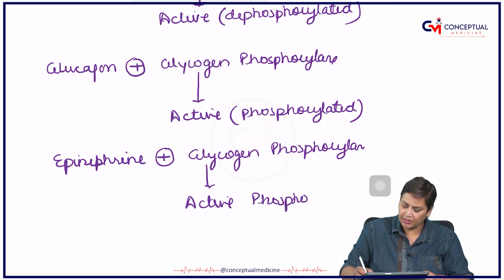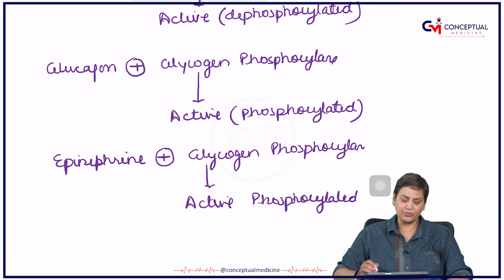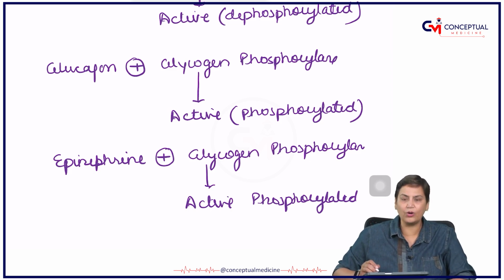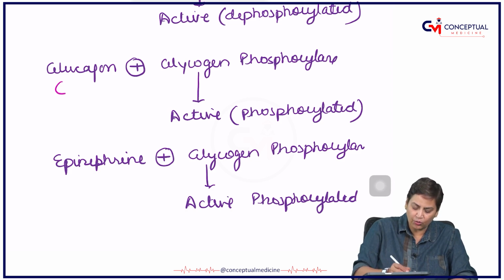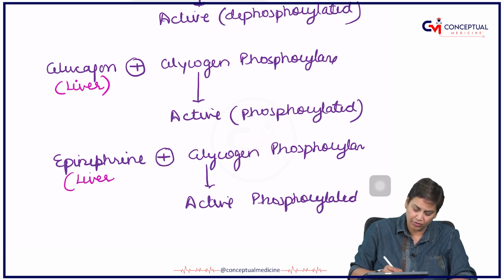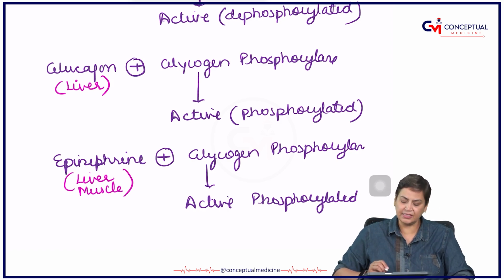This is a very important concept which you have to understand. Now the question is, what is the difference between the mode of action of glucagon and epinephrine? So always remember glucagon only acts in the liver, whereas epinephrine acts in the liver, but the most important role it plays is in the muscle also. This is the basic difference between epinephrine and glucagon.